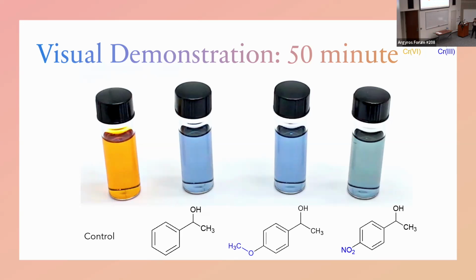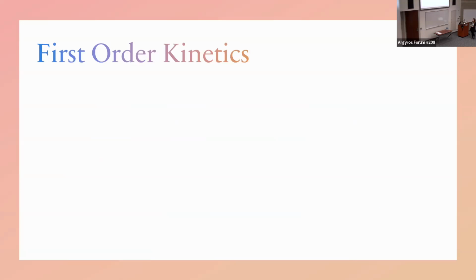So moving on to the quantitative study, which is the study of the first order kinetics of our experiment. We ran our alcohol oxidation in a kinetics instrument called the Cary UV-Vis, and we gathered the absorbance of our product form, which is the chromium 3, at a wavelength of 574.9 nanometers.